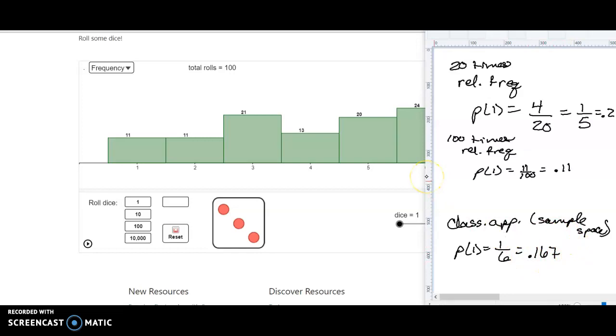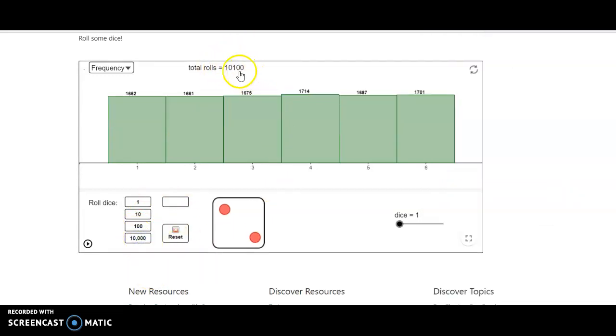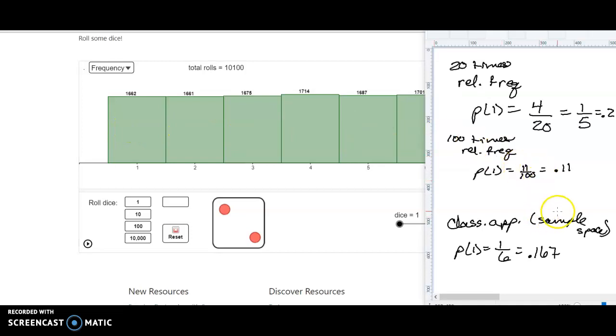But 100 is still not many times, right? So let's change it. Well, if we were to roll it, let's change this to be 10,100. So you can see now all those bars are really close to each other in height. So that relative frequency approach, we've now rolled it 10,100 times.